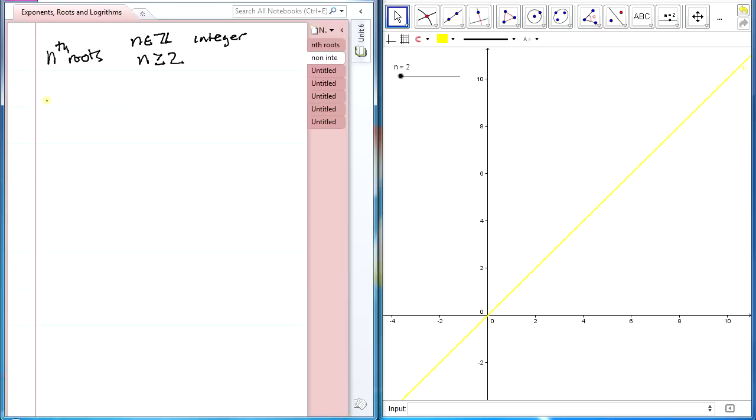So we need a definition of what an nth root is, and I'll say that a is an nth root of k if and only if, which means this is true if this is true, or vice versa, a raised to the n equals k.